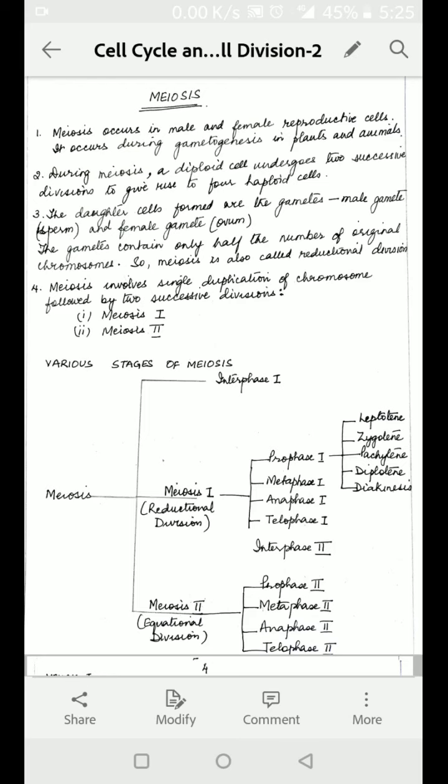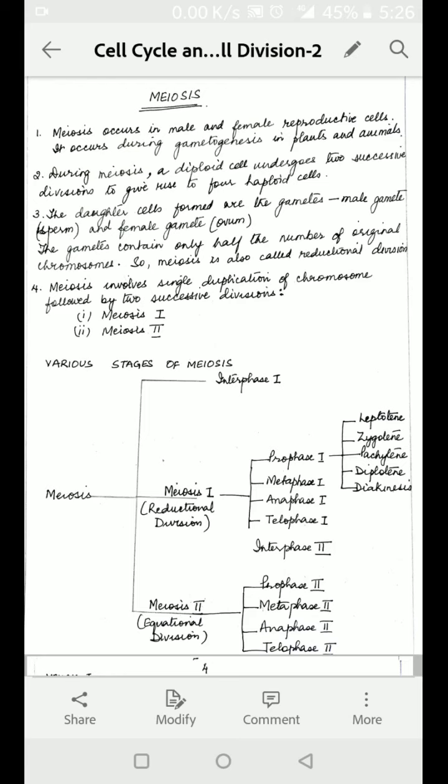So every cell of such an organism, or such a human which has 92 chromosomes in the zygote, will have 92 chromosomes, and if meiosis does not occur, then the chromosome number will keep on doubling with each successive generation.